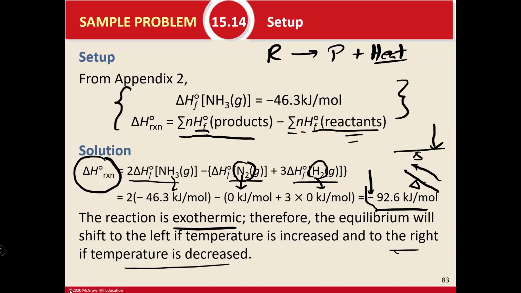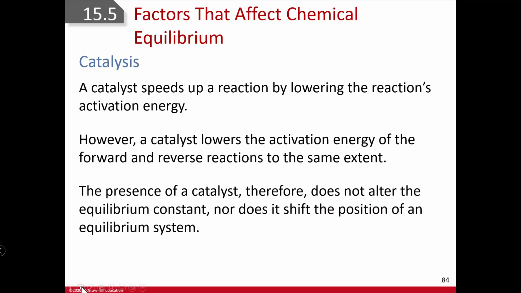Let's go on to the last step, and that is catalyst. So a catalyst speeds up the reaction by lowering the activation energy. That's what we learned in the last chapter on kinetics. All right? A catalyst lowers the activation energy, but it lowers the forward reaction and the reverse reaction to the same extent.